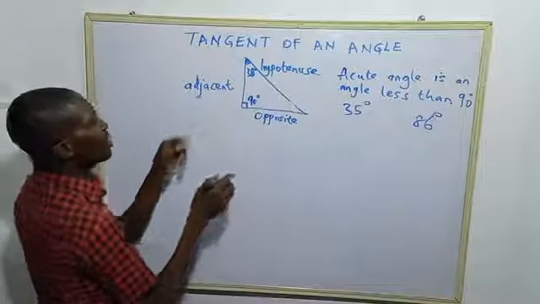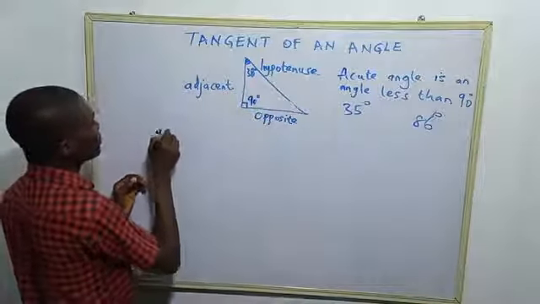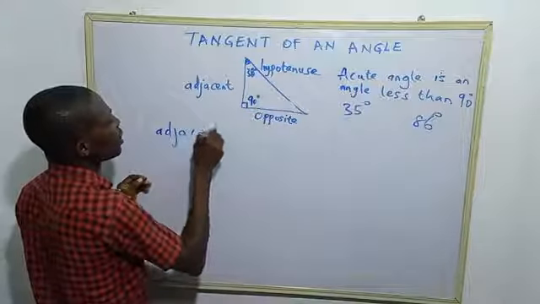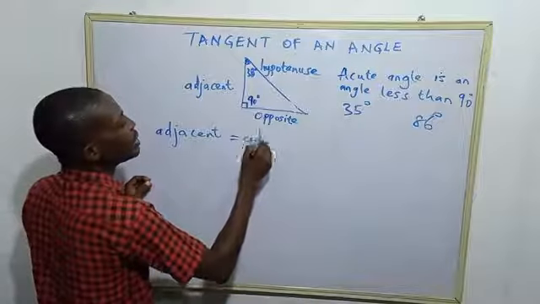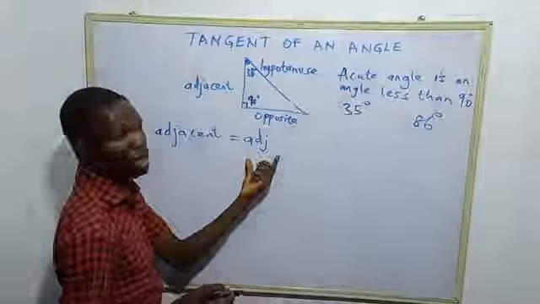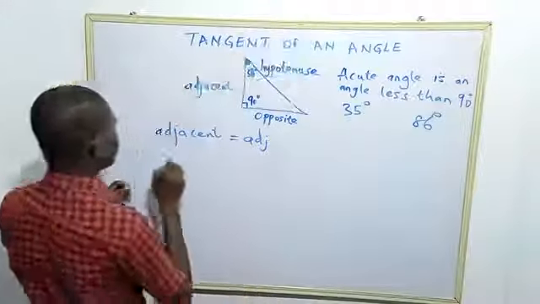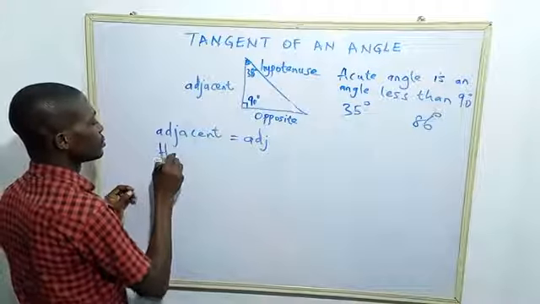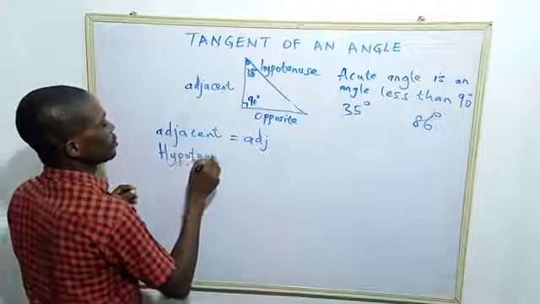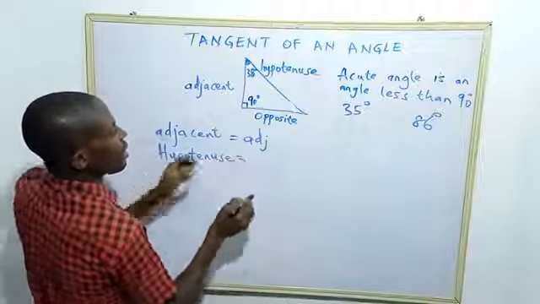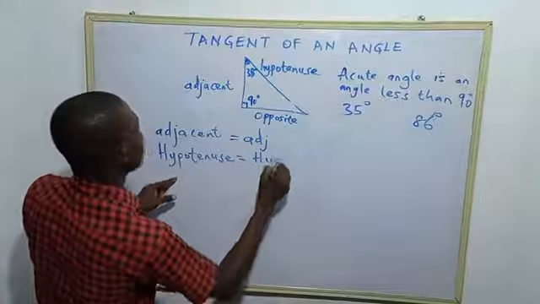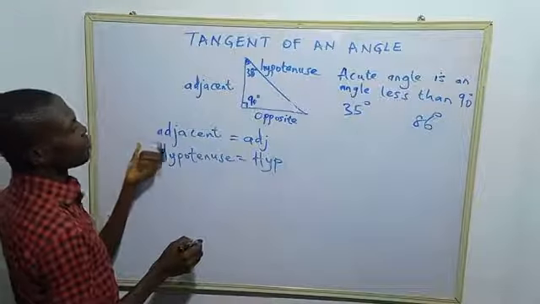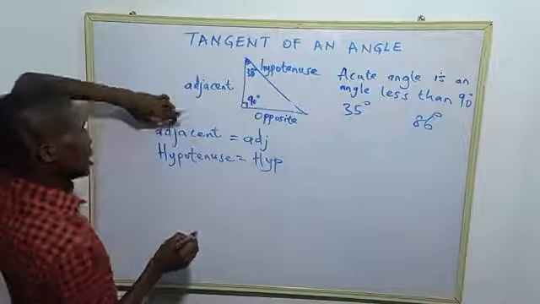That's when you'll be having adjacent being written as ADJ in short form. Hypotenuse as HYP. So they are just picking the first three letters.